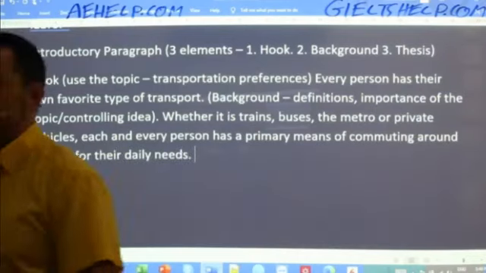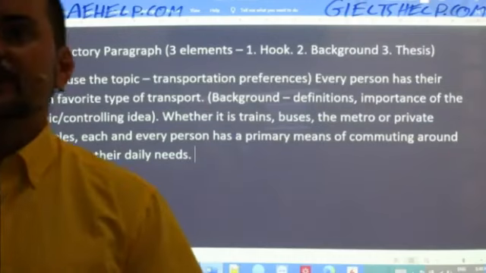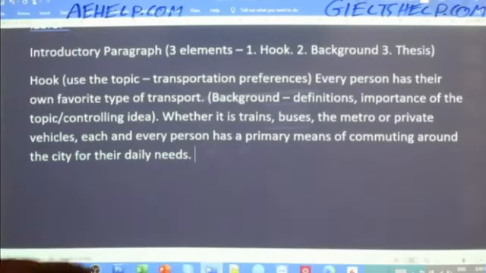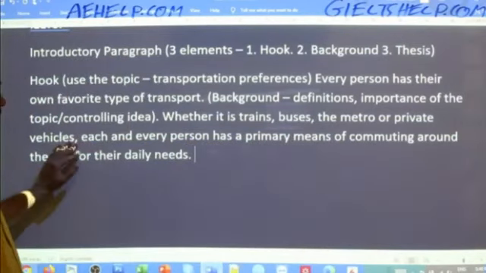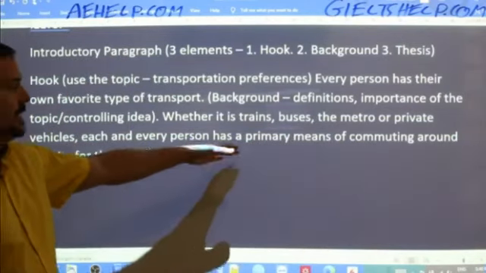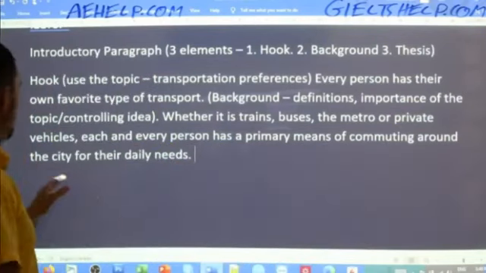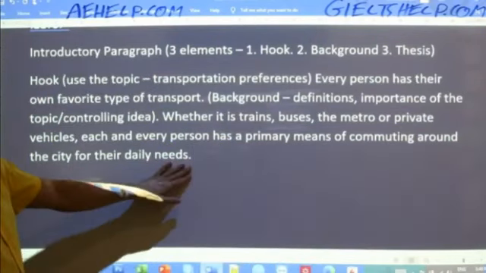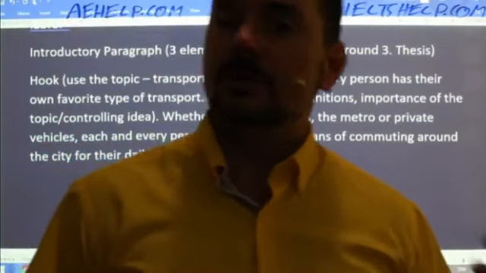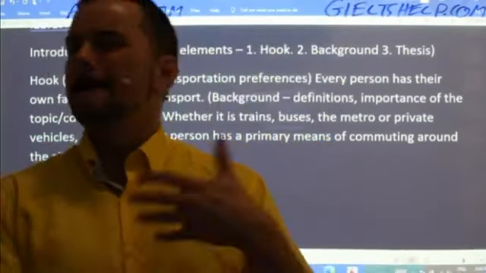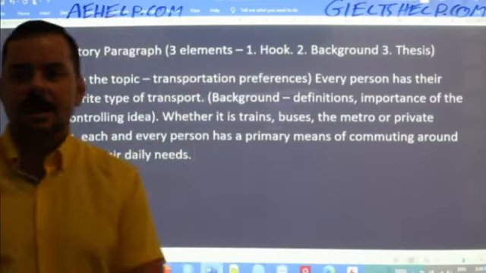All right, that's my definition. Okay. So whether it is trains, buses, the metro, or private vehicles, each and every person has a primary means of commuting around the city for their daily needs, whether it's shopping, school, or work. Okay, I can go into more, but it's not necessary. This is enough, all right?